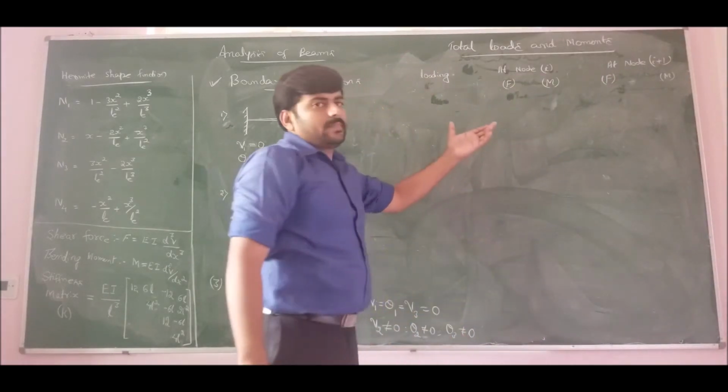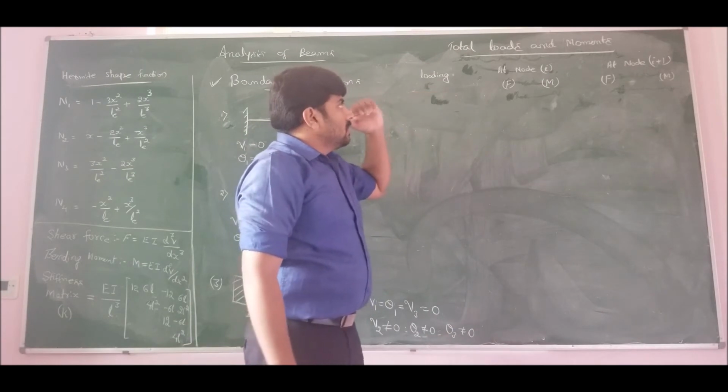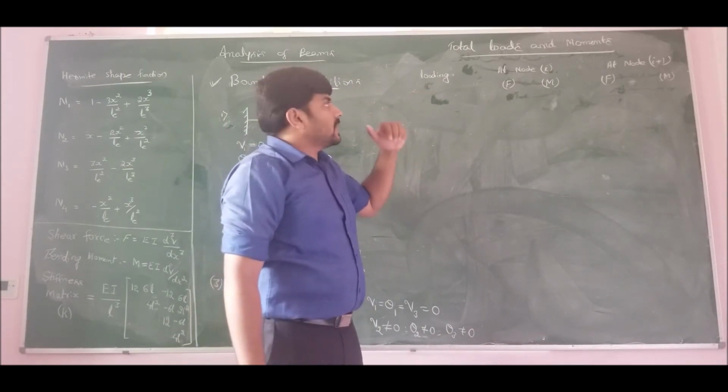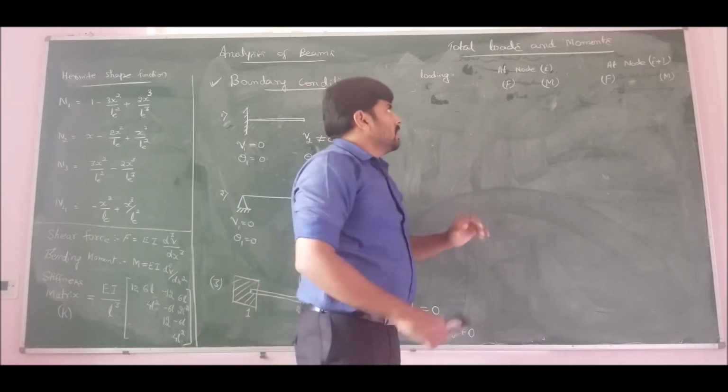Each element of a beam will have two nodes. At each node we should compute deflection as well as slope. Similarly, for a load vector, we will have force as well as moment.